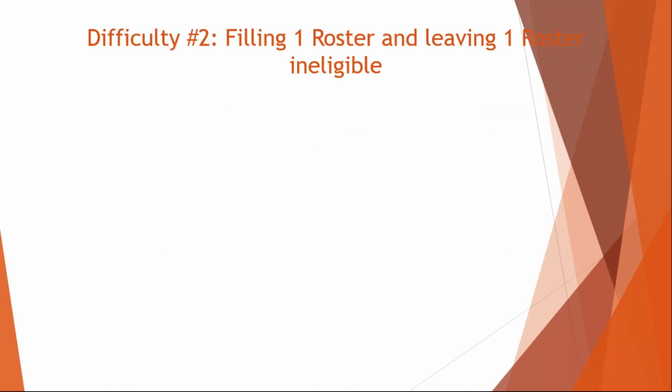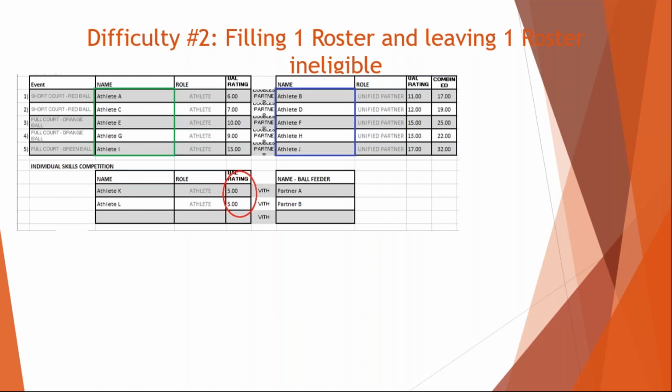Difficulty number 2, when you have more than one roster that you're creating and you're creating your postseason registration, a lot of coaches will fill one roster completely up through the maximum 5 doubles teams and leave one roster completely ineligible to play. So here's the first slide that I showed you with a completed postseason registration form and a valid team.